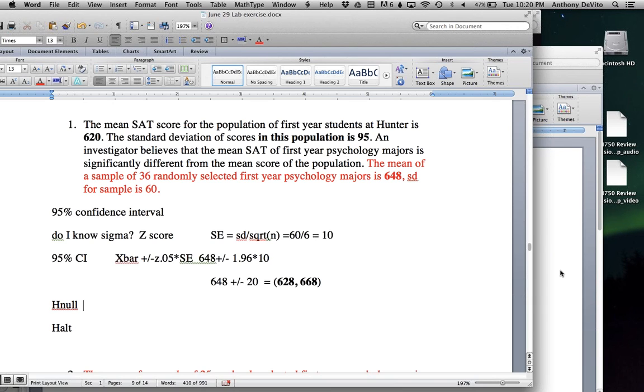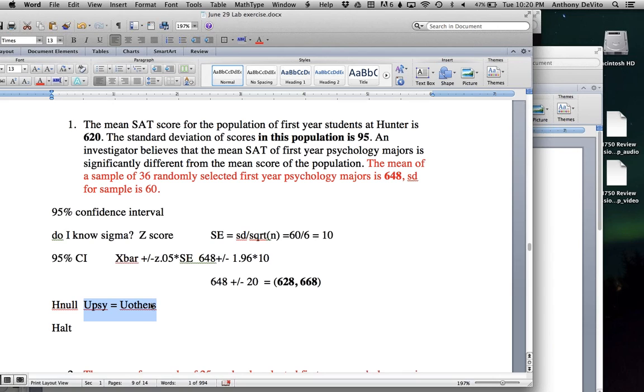We want to prove that the population mean, mu, for psych majors is equal, well, we're going to start with the assumption that mu for psych majors is equal to mu for other students. We always state it for the population, even though we are forced to use a sample mean because we don't have the population mean. Our real assumption is that the two population means are the same to begin with.